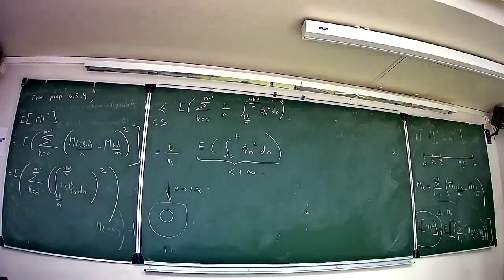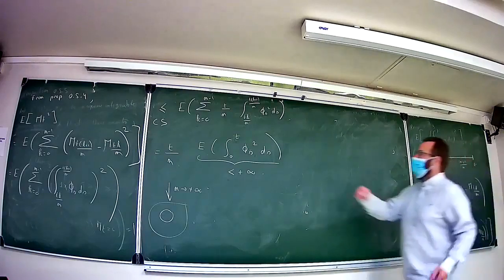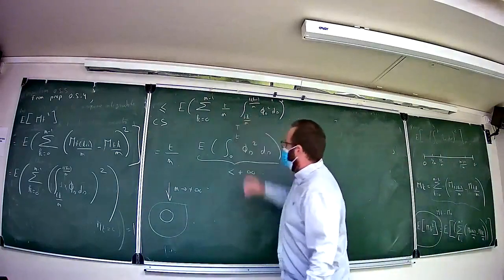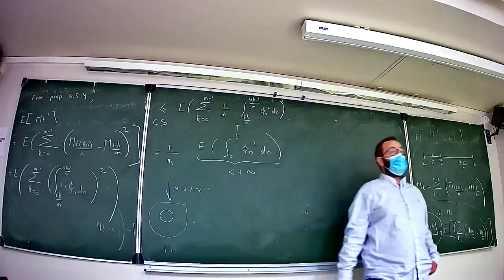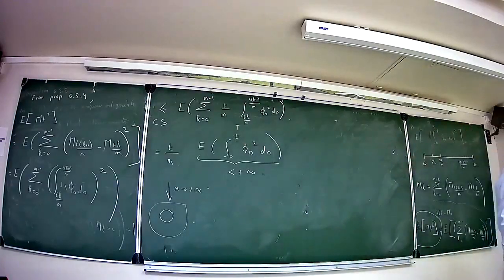So T is fixed, so you can write it this way. It's a better upper bound this way. But you can put capital T as I have done previously, it changes nothing. Because if you are less than the integral between 0 and t, since you have something that is positive, you will be less than the integral between 0 and capital T.